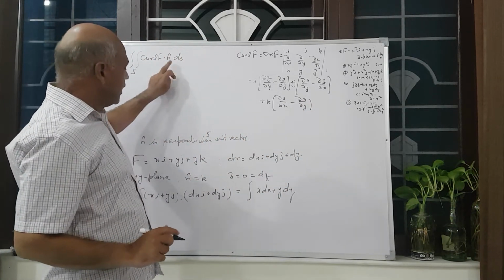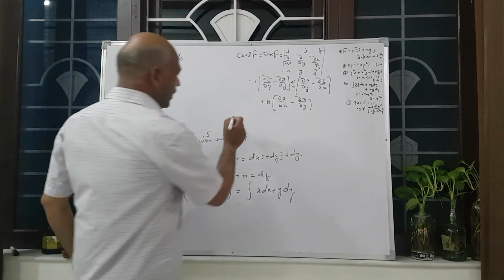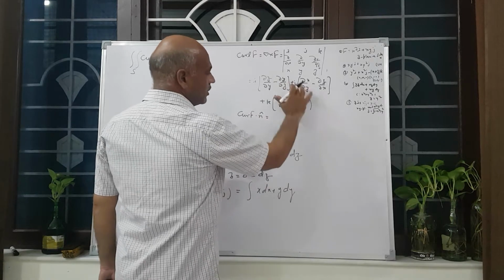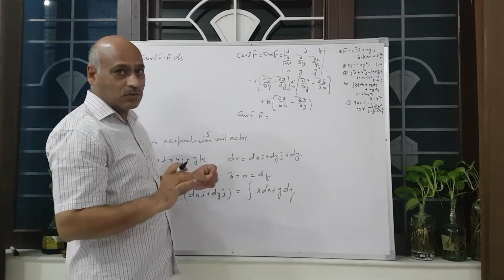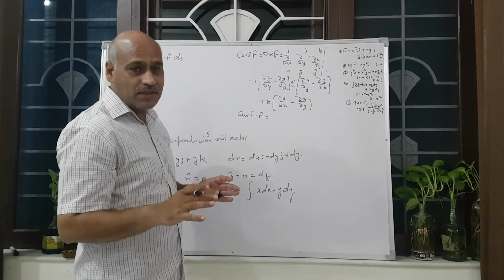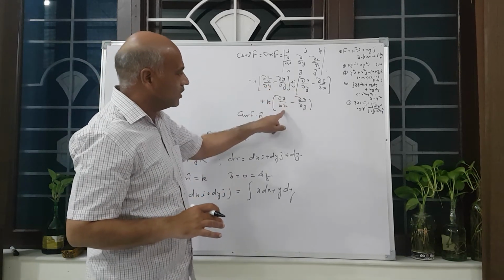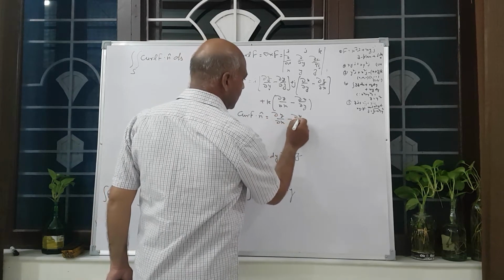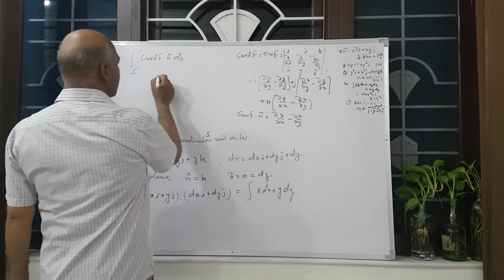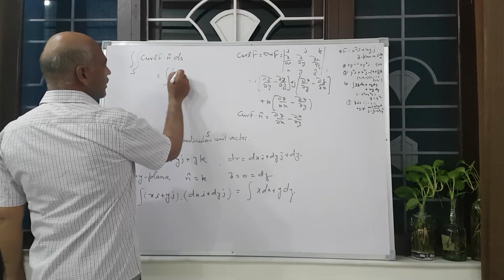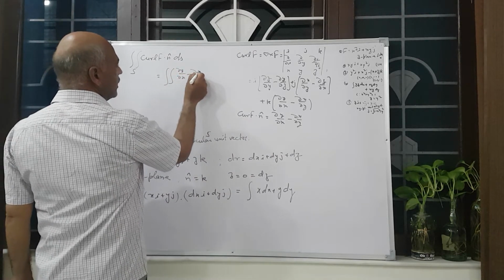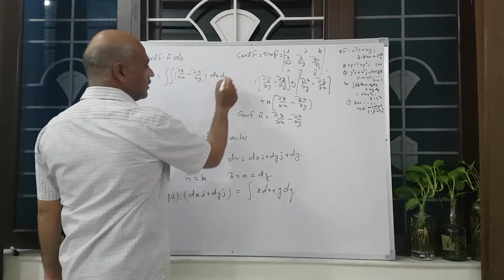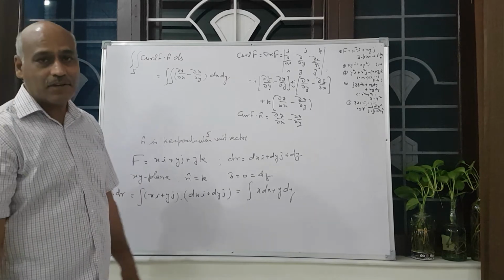So curl F dot n cap. What is n cap? N cap is k. So curl F dot n cap means this multiplied by dot k. k dot k is 1, otherwise all the other terms become 0. So this becomes del y by del x minus del x by del y. dS is dx dy in the xy plane.